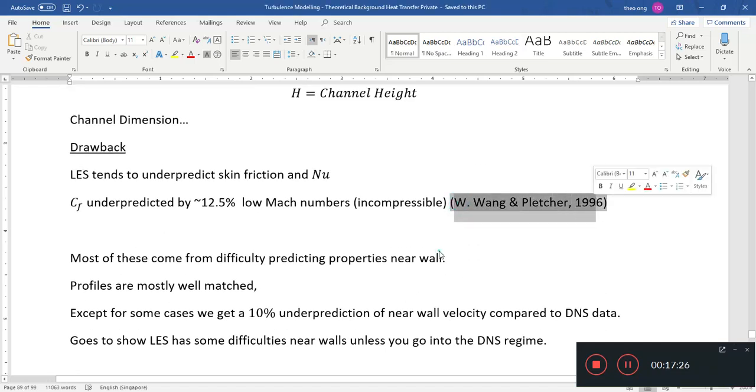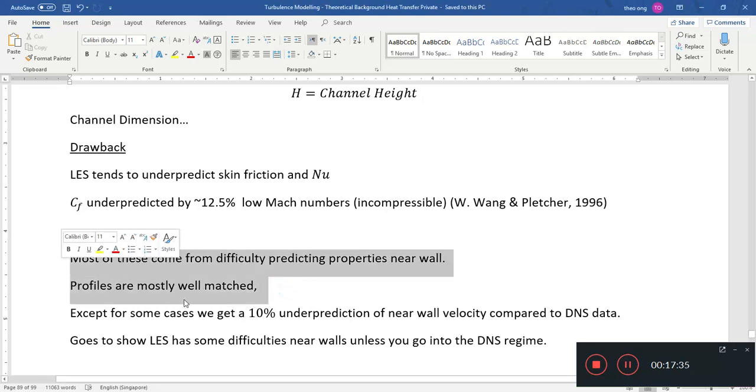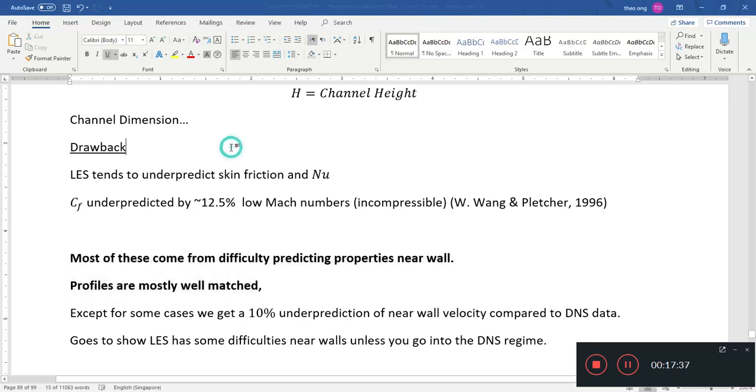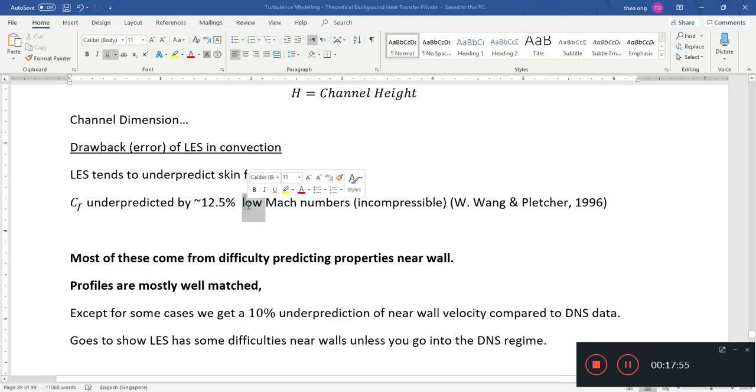Wang and Pletcher. So for low Mach numbers, it will underpredict this skin friction. Okay, drawback of LES in heat transfer or convection. Maybe I won't say drawback, I'll say error. So there's this underprediction in low Mach number regimes.